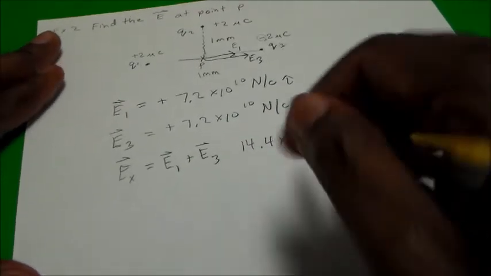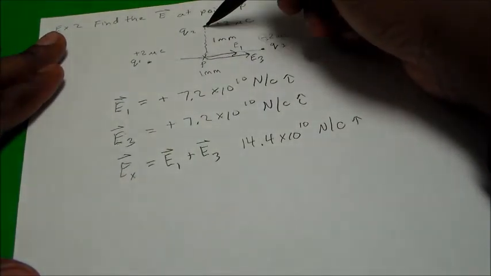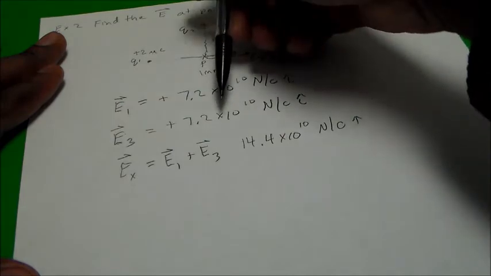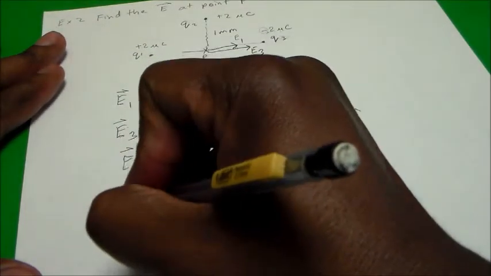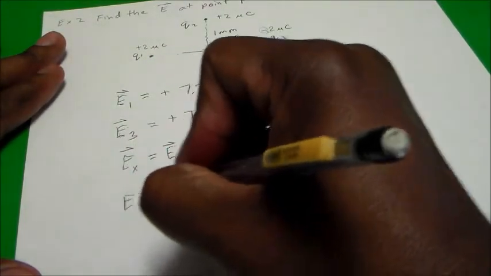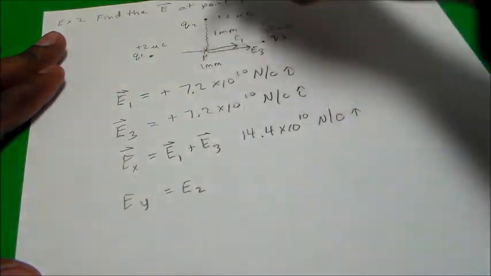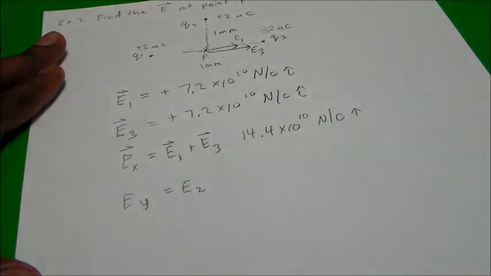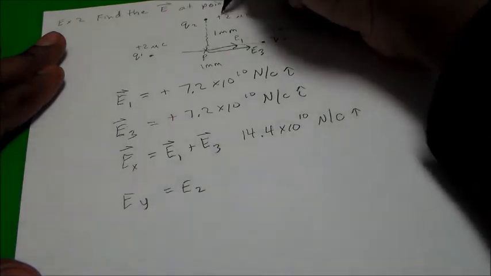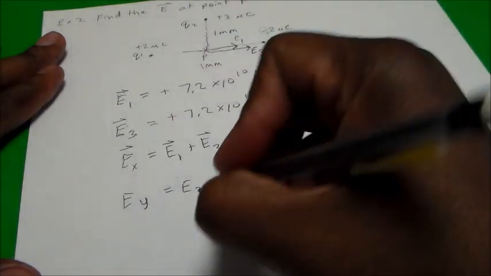Now if we look at this, we have E2 here that's pointing downward, and we need to take care of that. So that becomes Ey, which is equal to our E2, pointing in the negative y direction here, because it's positive and pointing away from it.